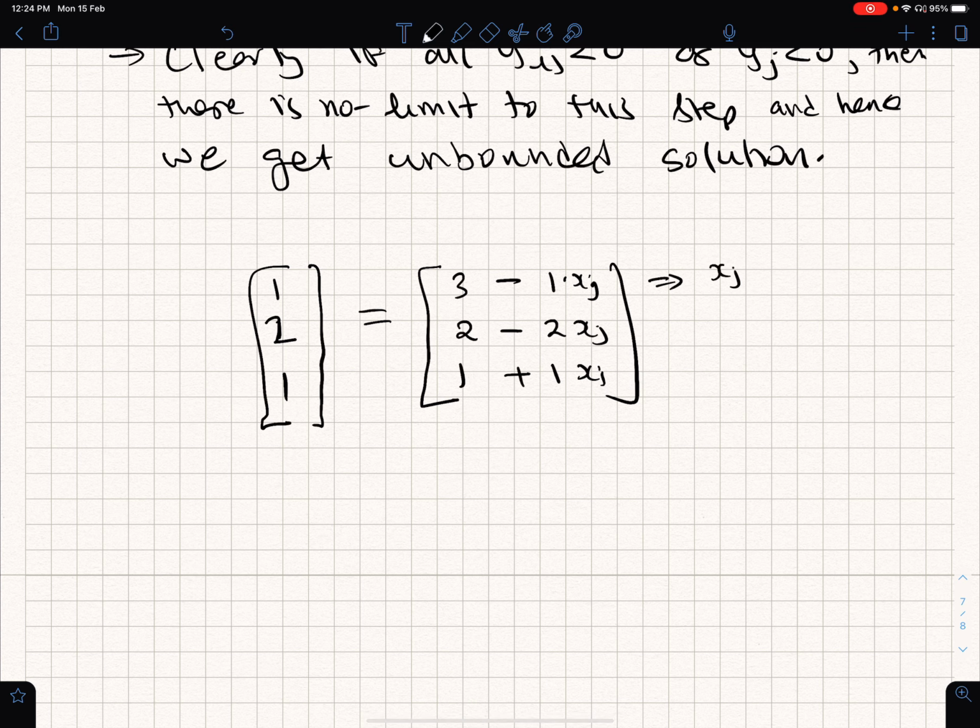This says that xj can be increased up to 3. Sorry, let me write it again. What did I do?